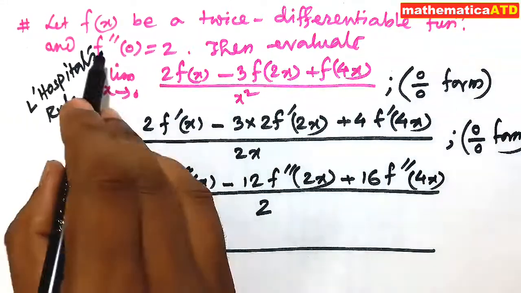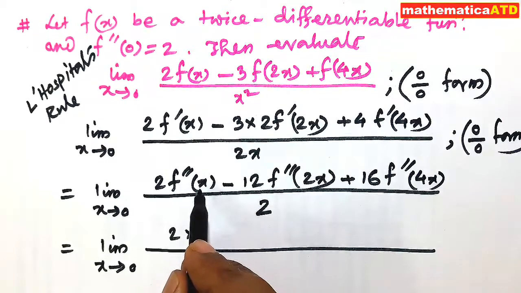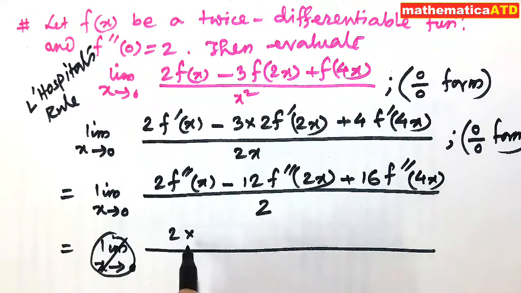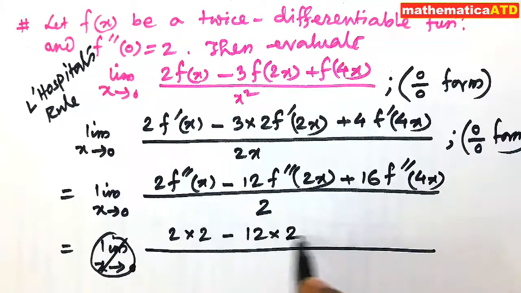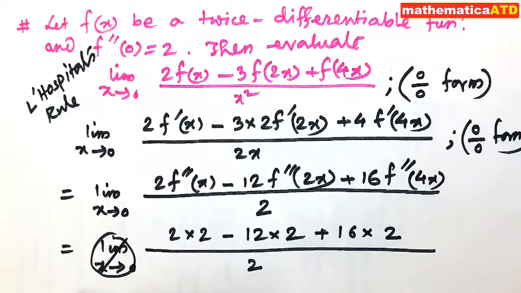2 times f''(0), and f''(0) is equal to 2. So we withdraw this limit, and we shall find 2 times 2 minus 12 times 2 plus 16 times 2, divided by 2. So we shall get 4 minus 24 plus 32, whole divided by 2.